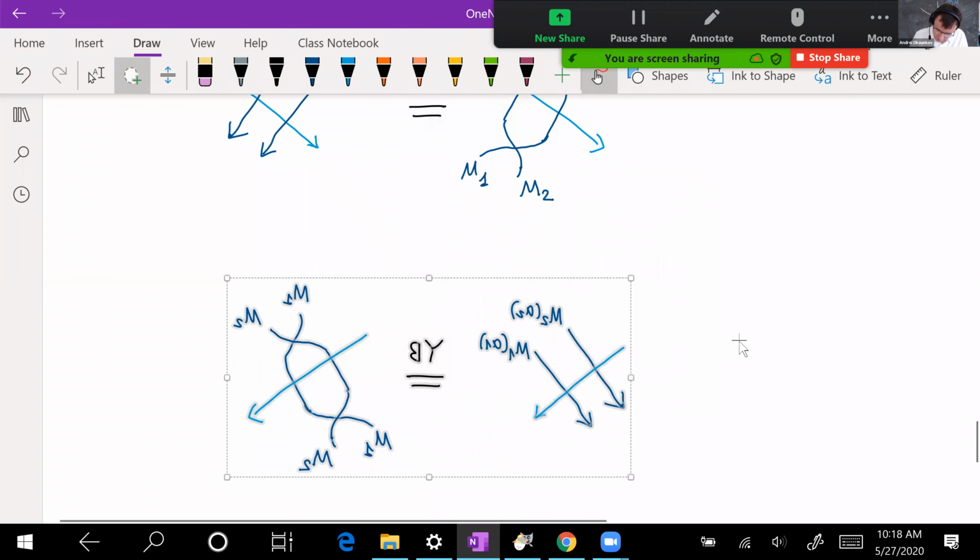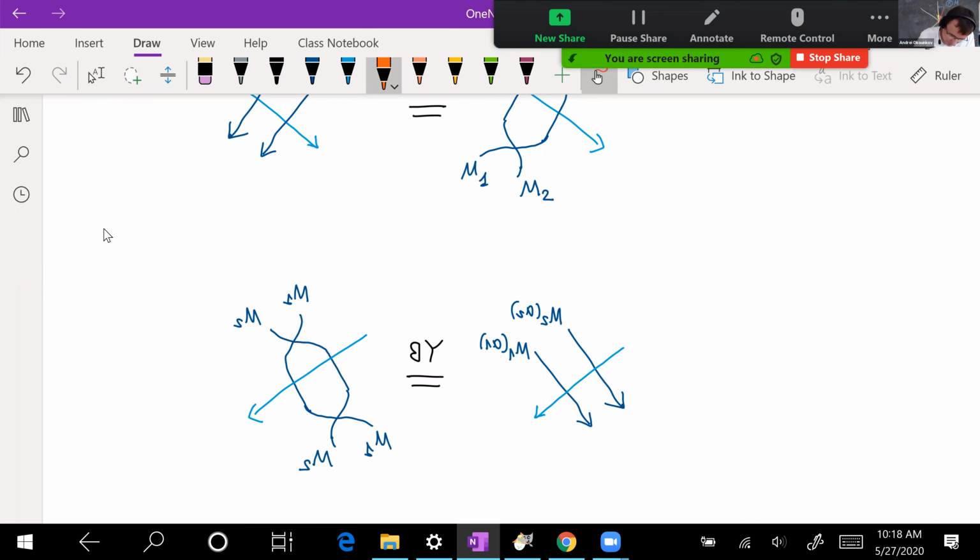Okay, right. It's hard to read, but the meaning of that is clear. So we can use it in the auxiliary space instead of the physical space.